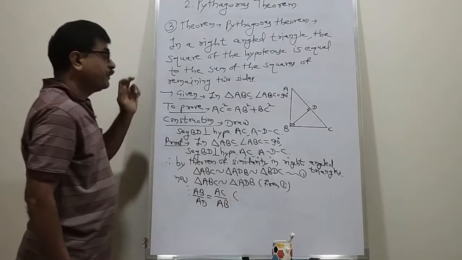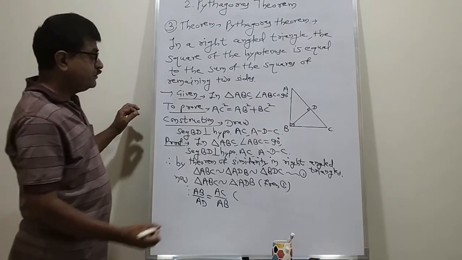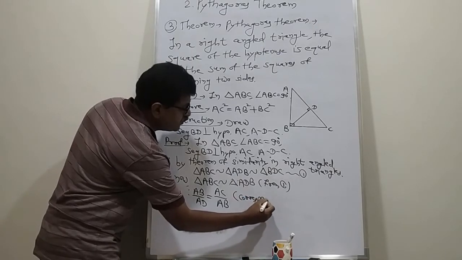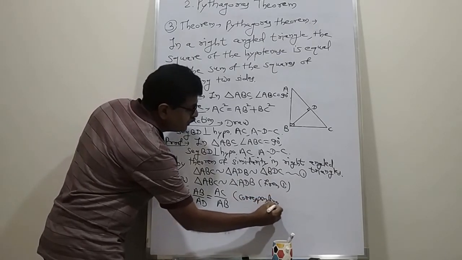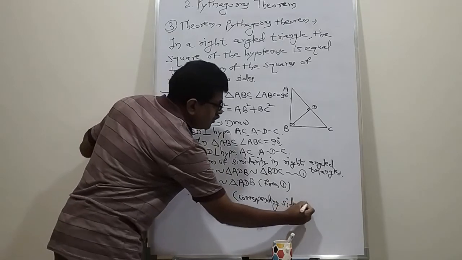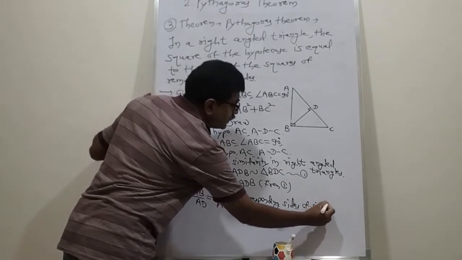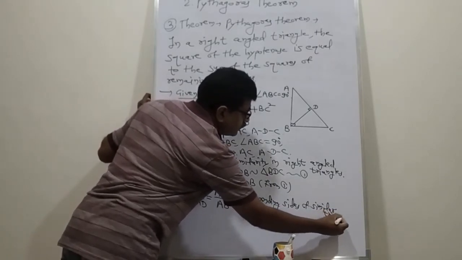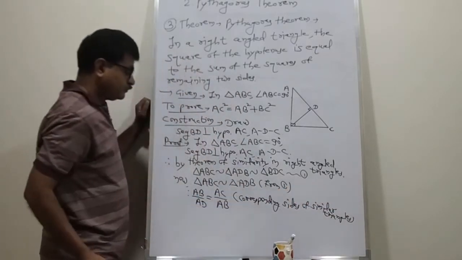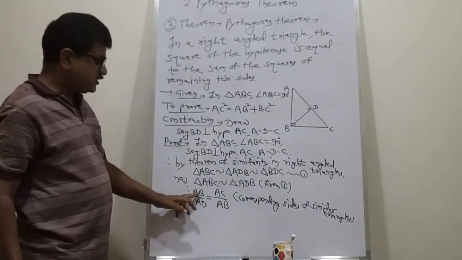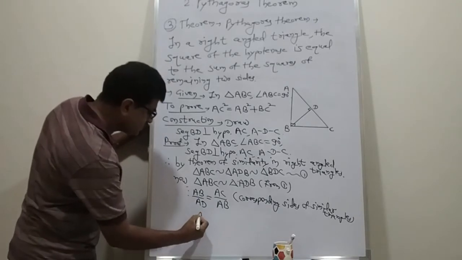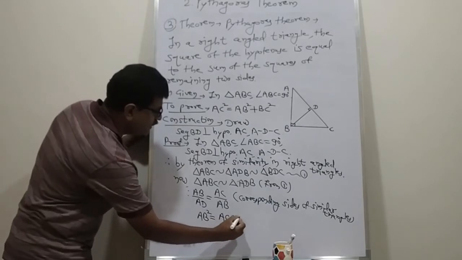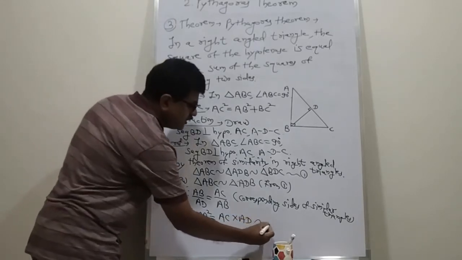Write down in bracket: corresponding sides of similar triangles. Now cross multiplication, AB into AB, that is AB square is equal to AC into AD. This is number 2.